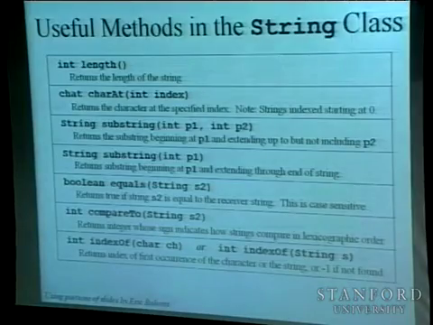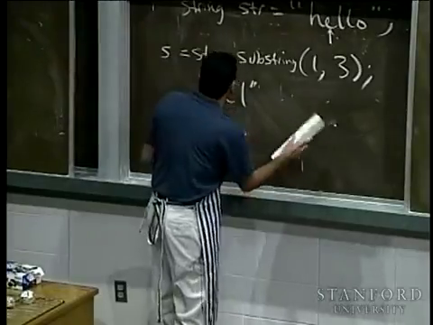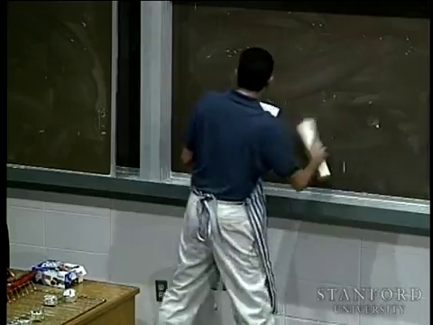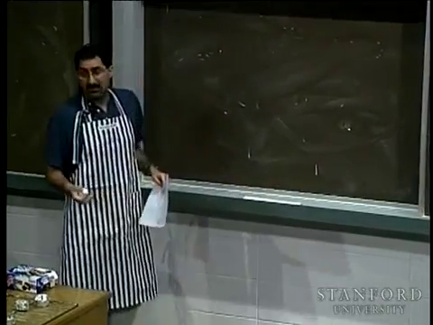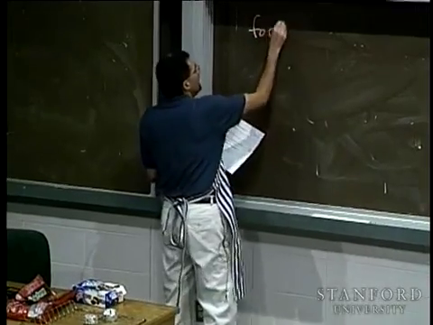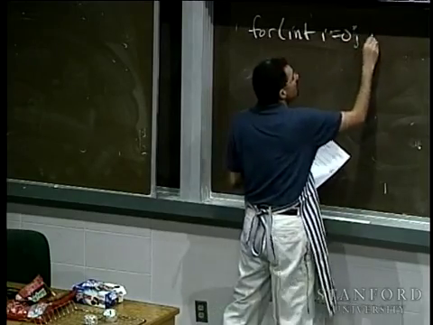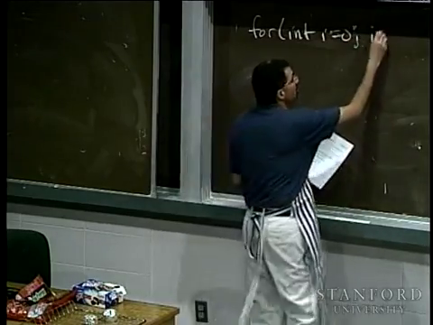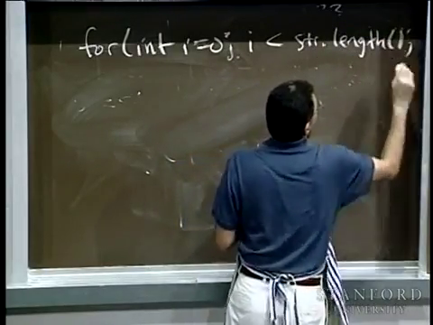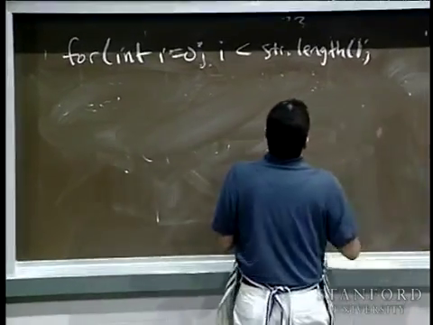Okay? So just a few things that you should see, and we can put these together in some interesting ways. One of the things that's common to do is you want to iterate through a whole string to do something on every character in the string. So you might have some for loop with i equals 0, counting up to the length of the string. If our string is called str, we'd say as long as i is less than str's length, and then we would add our little friend, the i++ at the end.